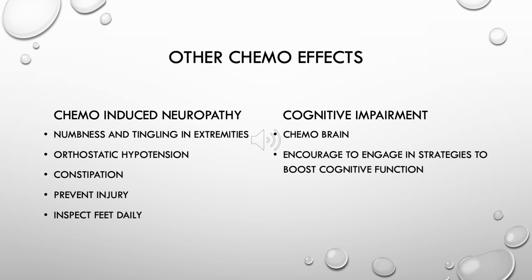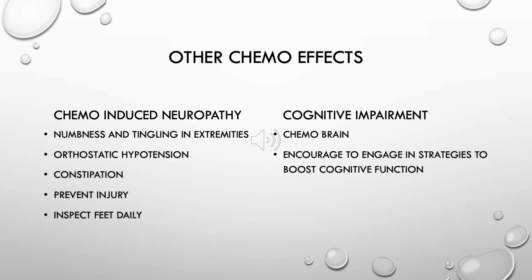Some other side effects of chemotherapy include chemo-induced neuropathy. I don't know if you've had neuropathy before in fundamentals, but neuropathy is when the nerves become damaged. So the patient could complain about numbness and tingling in their extremities, like in their hands or their feet. They could develop constipation because the movement of the bowel depends on the nerves to make it move, so they could get constipated.